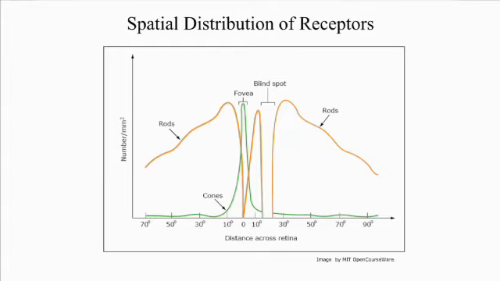And the rods and cones have a striking physical organization. Here's the distribution of cones for color, pretty much all of them in the fovea in the middle part of the retina. And then the rods are spread out peripherally. So there's this big difference in where they're located.